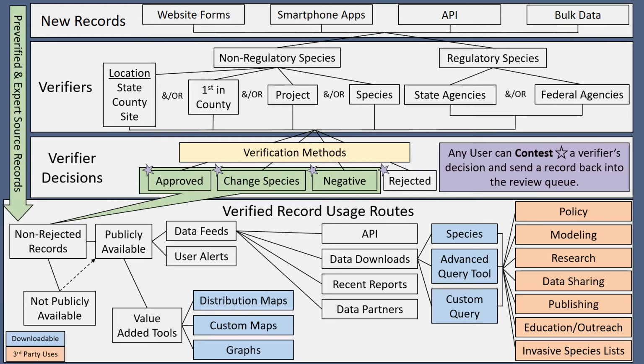Data that comes in pre-verified from other databases or from expert sources can bypass the record review process and be entered as verified. This data is also subject to contesting, like any other data.